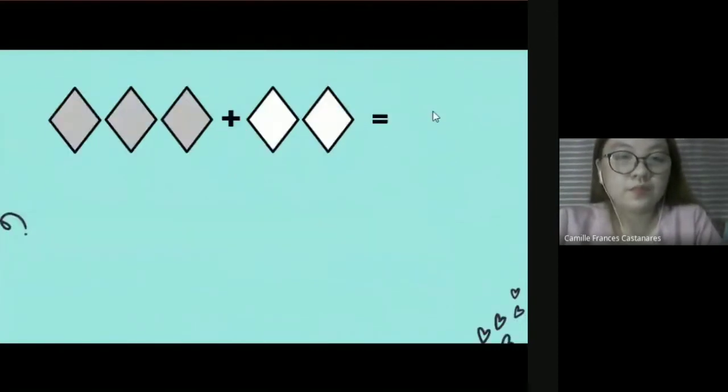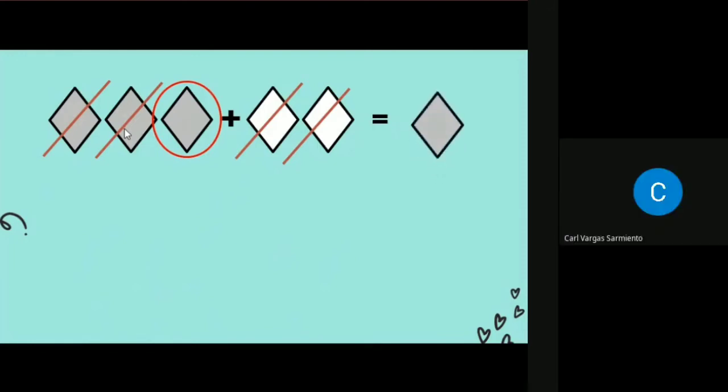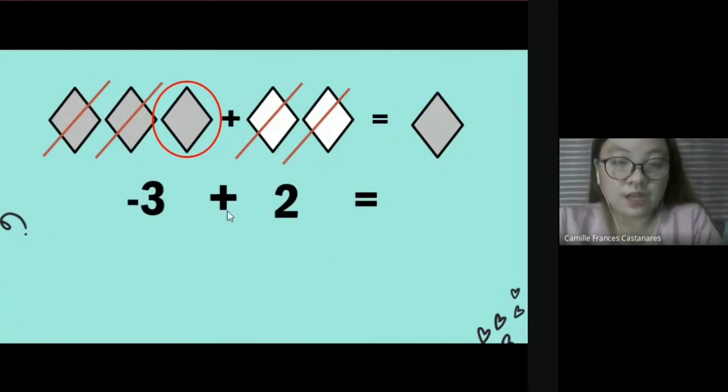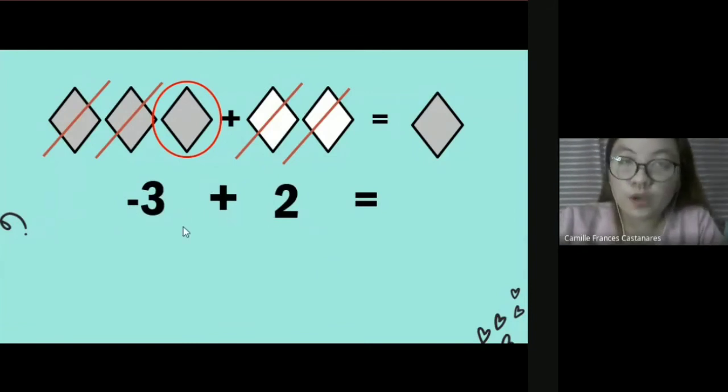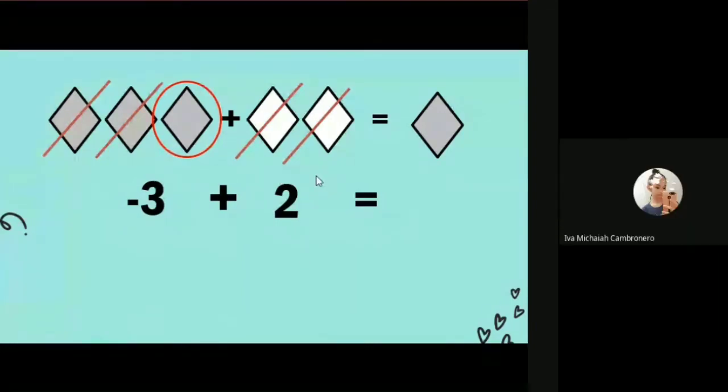Next. So, how about this one? We have, okay, cancel natin yung 0 pair. So, 1, 2, ang matitira is si negative 1. Okay. So, in integers, we have negative 3 plus positive 2. So, rule number 1 or rule number 2? 2 po. Okay, very good. Rule number 2, different signs.